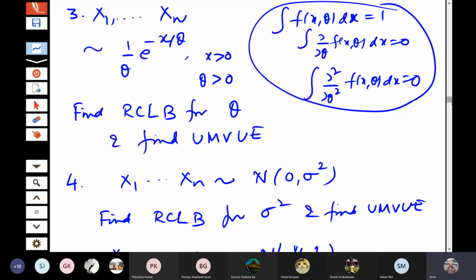Priyanshi, have you done it? Sir, may I? Yeah, please tell. The theta square by n. Okay, so in the first case, it is theta square by n.